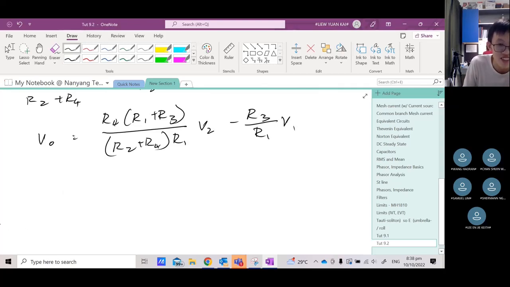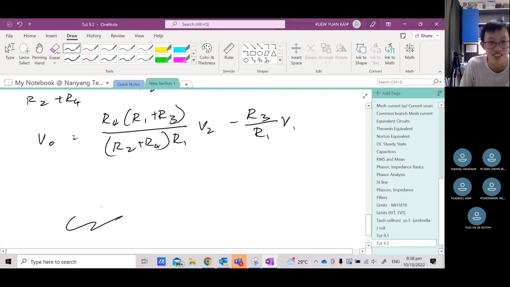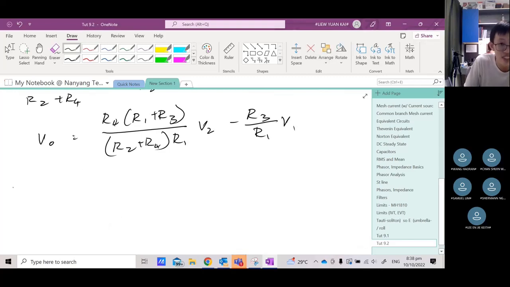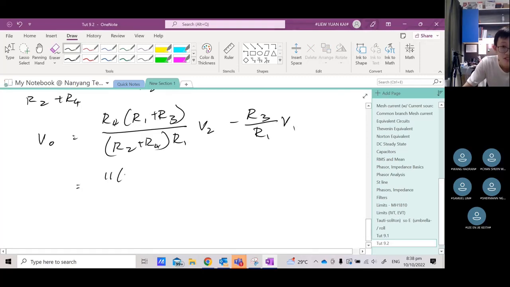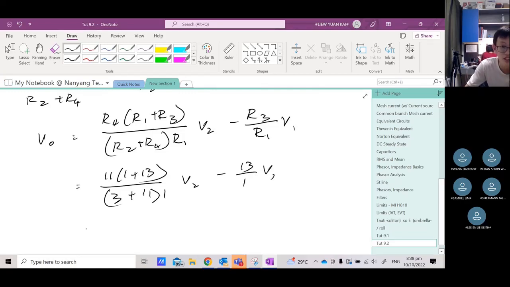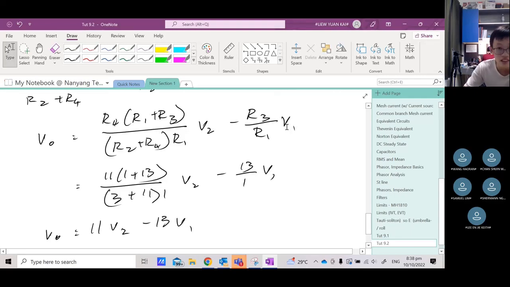Now we can begin to substitute in the resistances. If you sub in the resistances, you should get 11 times (1 plus 13) over (3 plus 11) times 1, then V2, minus 13 divided by 1, V1. You punch this into your calculator, you should get V out is 11 V2 minus 13 V1.